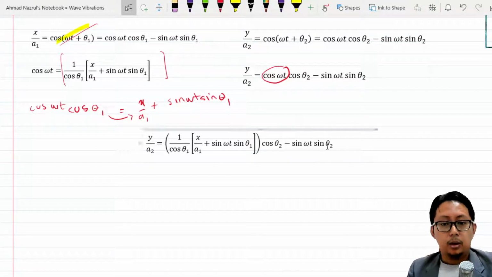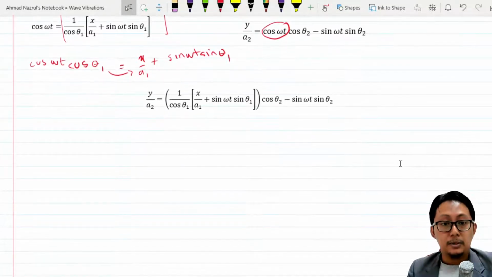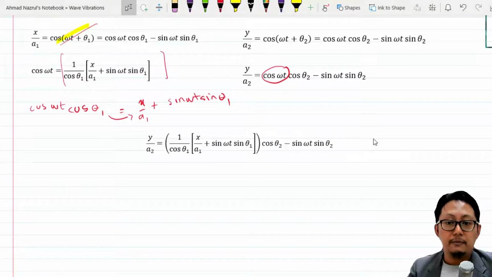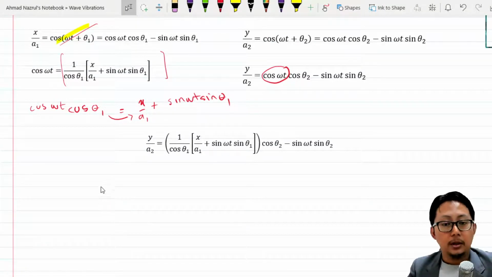So now this is the first part. We need to deal with this equation. First, we need to bring this cos theta 1 to the left side, so we also multiply this side by cos theta 1 over cos theta 1.